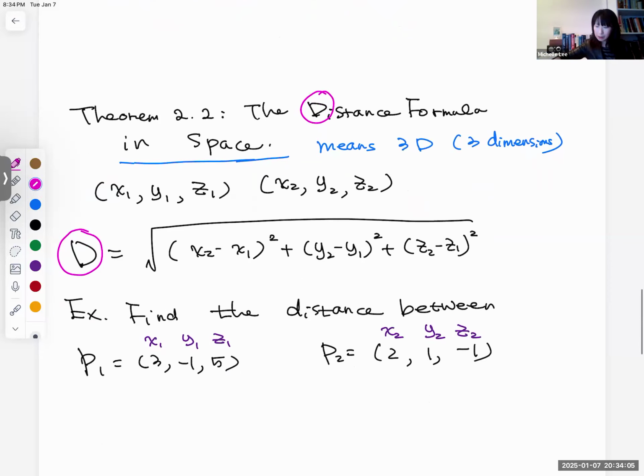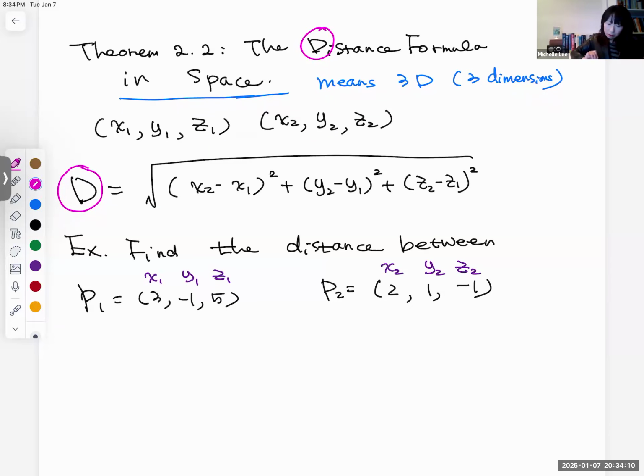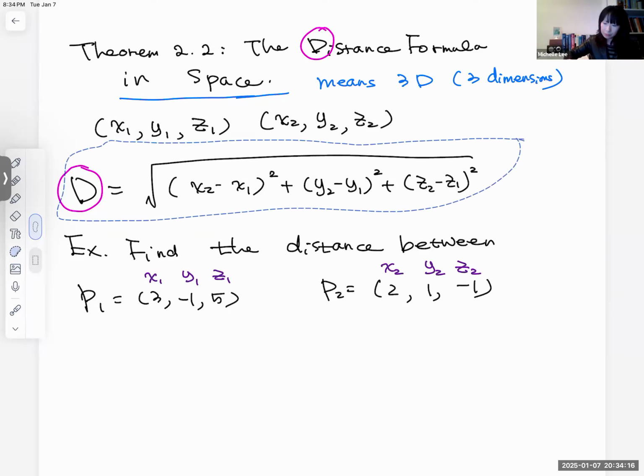So here is the example. All right, then using distance formula, that's it.